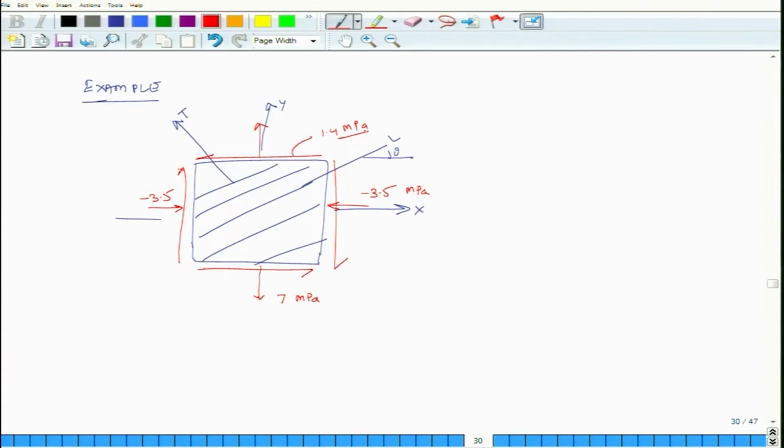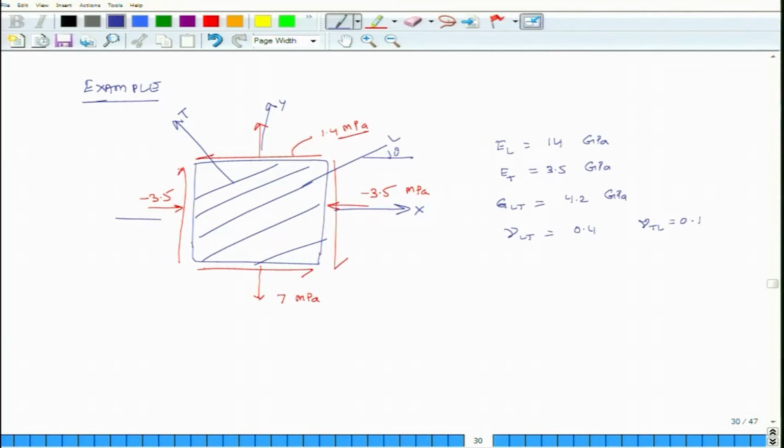So, given this stress state and the material properties which are EL is equal to 14 GPa, ET is equal to 3.5 GPa, GLT equals 4.2 GPa, and nu LT is equal to 0.4 and nu TL is equal to 0.1.